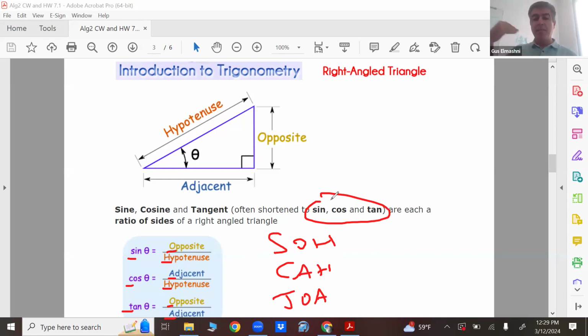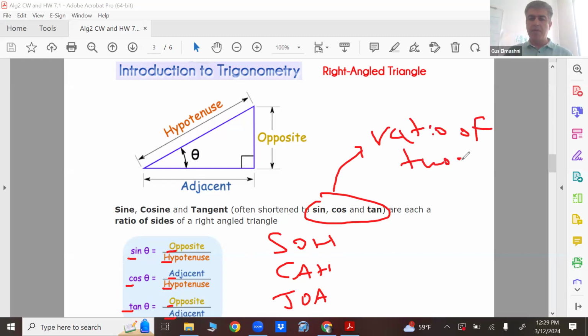Yes, it seems abstract, but it's not. It's actually incredibly concrete. It's simply a ratio of two sides of a right triangle. That's all it ever is. Sine, cosine, or tangent is simply a ratio of two sides of a right triangle.